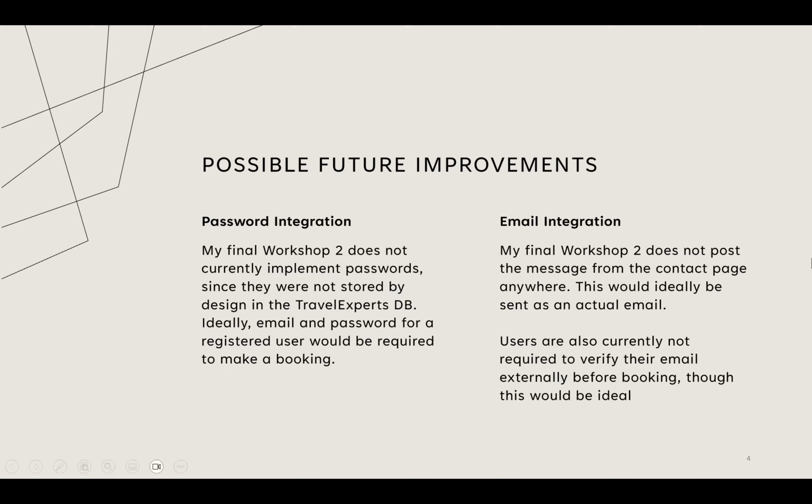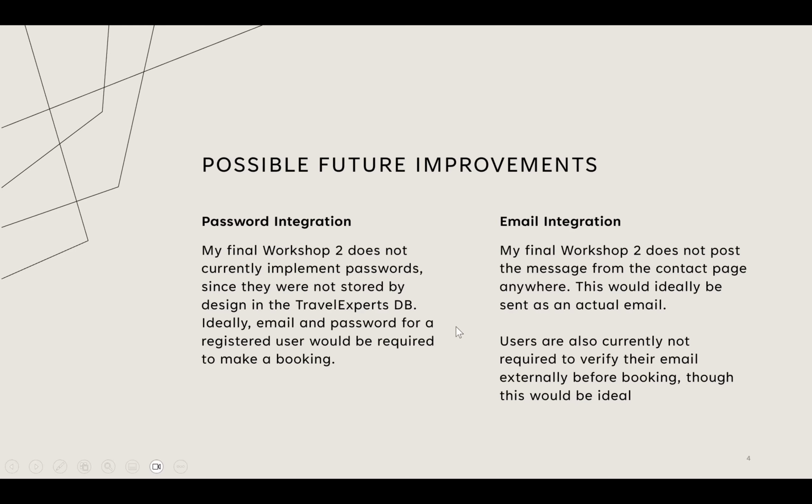Possible future improvements. Well, of course, one change that you saw slightly in the UI between Workshop 1 and 2 was that I removed the password field. This is for the reason that when I looked at the Travel Experts database, I saw that there was no password field that was already included for customers, and I didn't want to mess with the core functionality of the database too much, so I adhered to it.